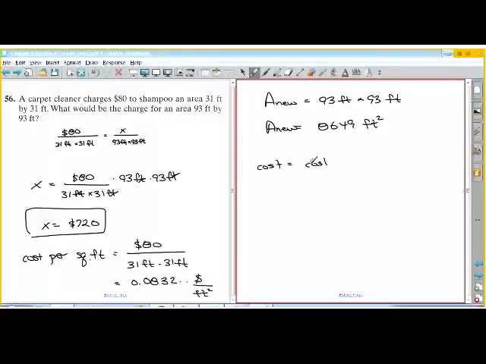So my cost is going to be my cost per square foot times my square footage. I got my cost per square foot by using my initial information. So that's 0.0832 dollars per square foot times 8,649 feet squared, and I should get the same answer if I did it right.